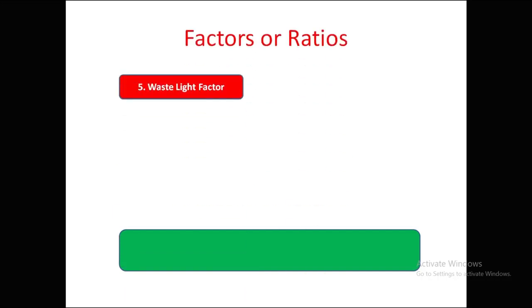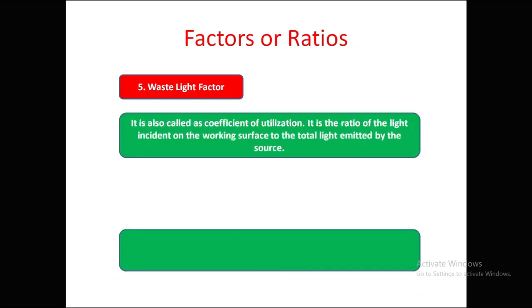And the next one is waste light factor. It is also called coefficient of utilization. It is the ratio of light incident on the working surface to the total light emitted by the source. Okay, that is the difference.